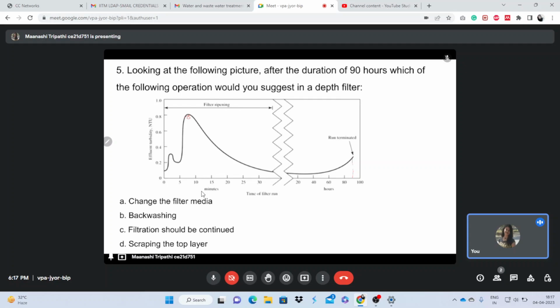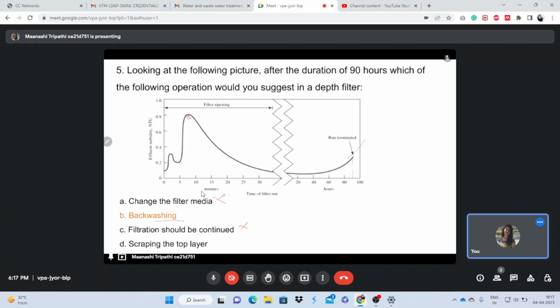So at this stage, what will we do? This is rapid sand filtration. What do we do if the turbidity starts increasing after some time? Of course, we will backwash it. So backwashing is the correct option. We cannot change the filter media. Filtration we cannot continue because turbidity will increase.